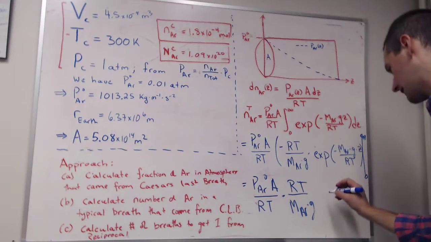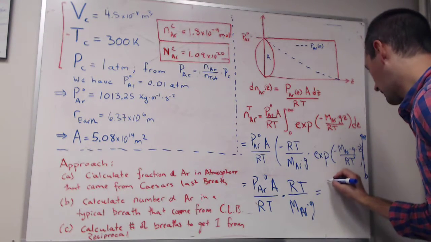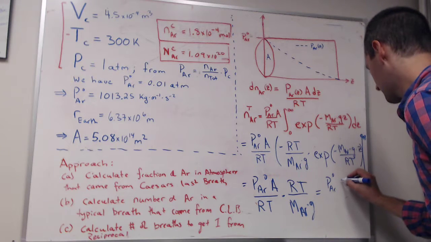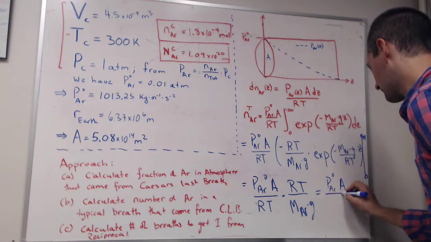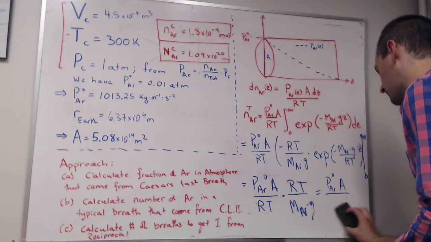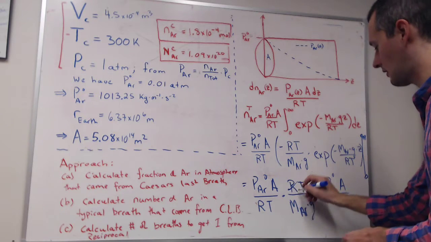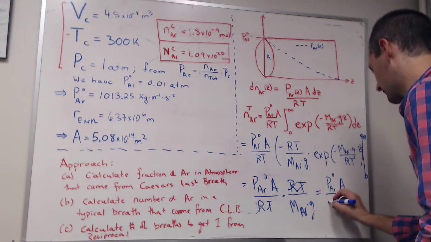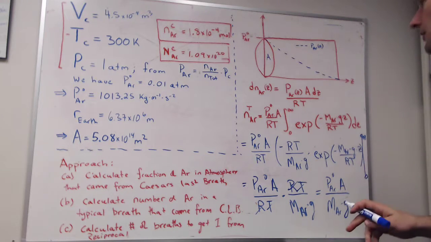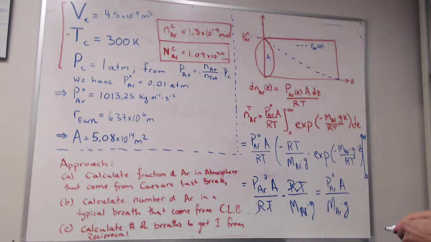And what we're left with is just P of argon at the surface of the Earth times the surface area of the Earth over mass of argon times g. Okay? So we're going to evaluate this.